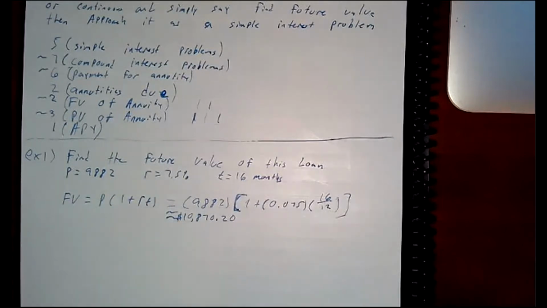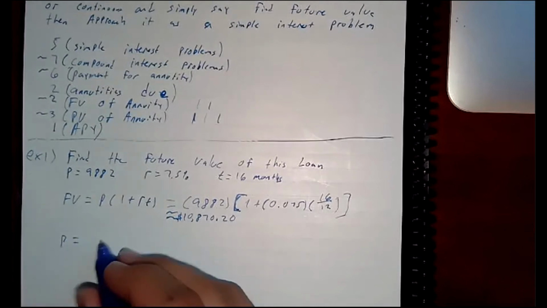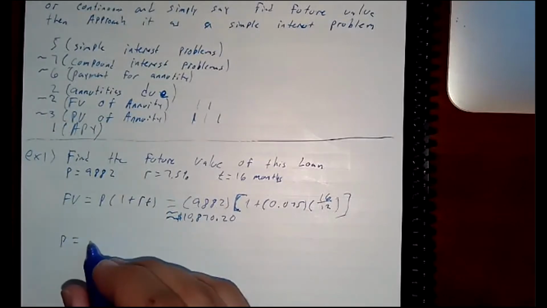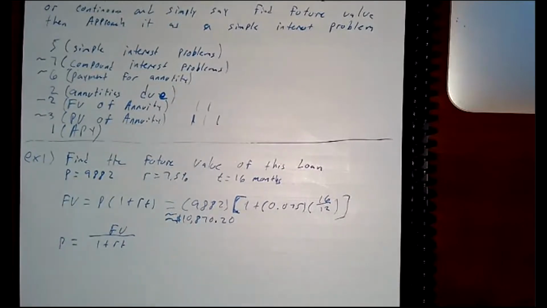I'll go ahead and give it to you again. If you have P, that would be equal to FV over 1 plus RT, right? You've got to find that guy.